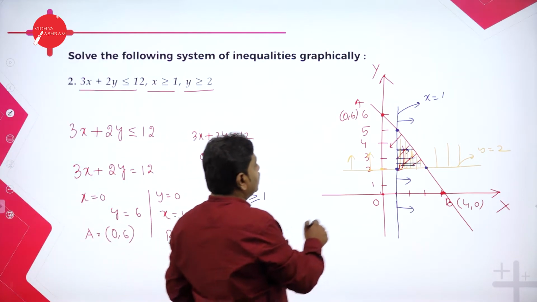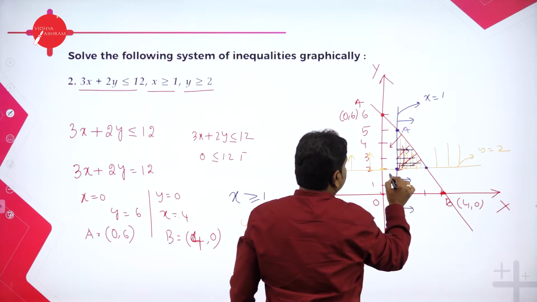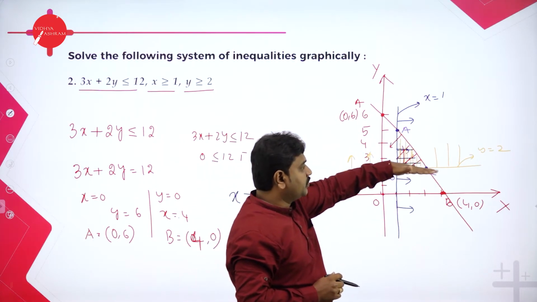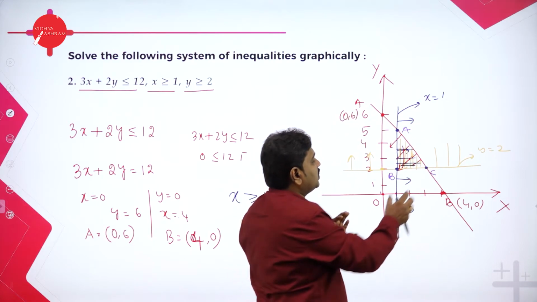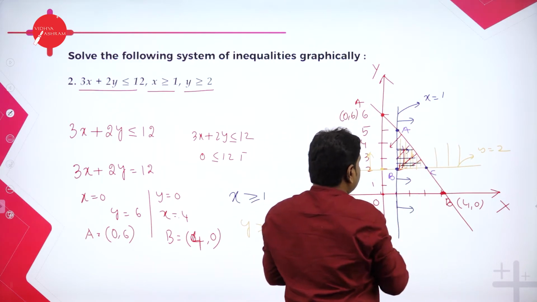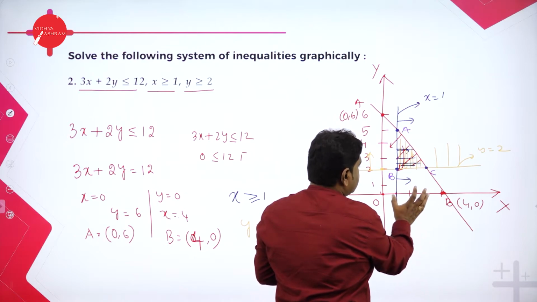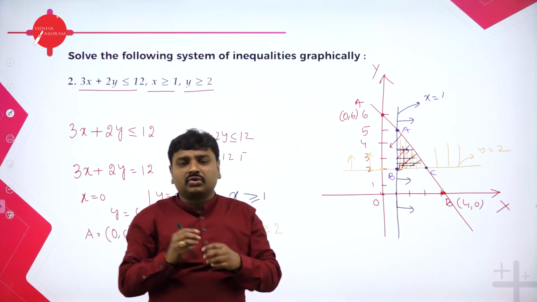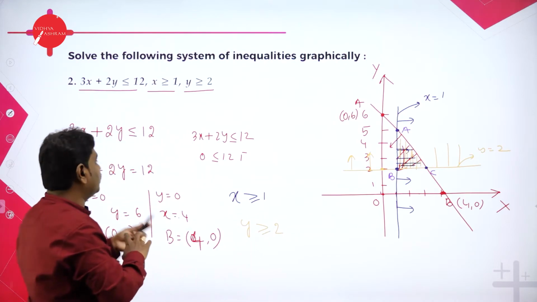All are mixing. I call them points A, B, C. This is the solution region. Here the yellow lines go up. y greater than 2 means shade above, but here only one line shading is there, and here only the blue line shading is there. Where all three regions' shading mixes, that is the solution.